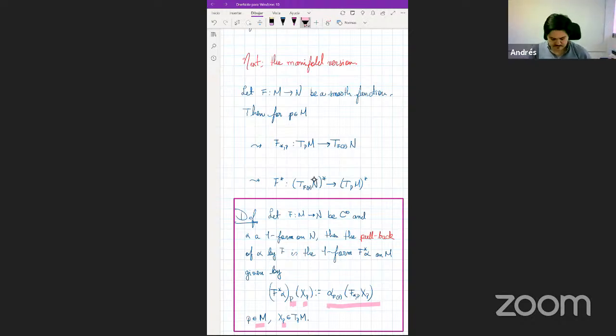Okay, so this is the pullback, and this is something very, very useful. Again, this holds for K-forms, but we will see it later. So far, we have only seen one forms.